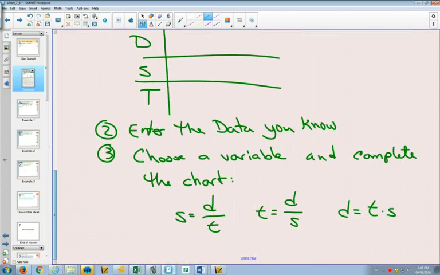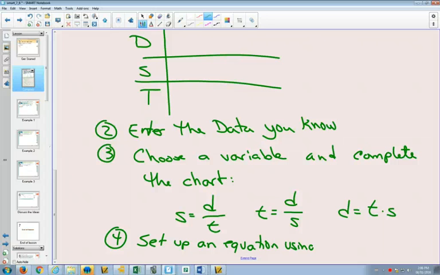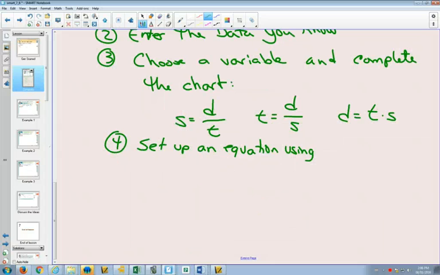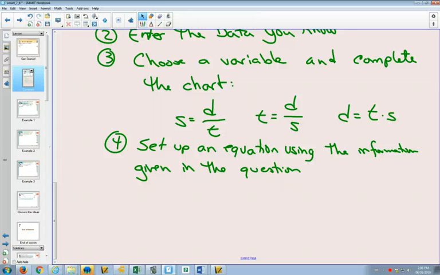Finally, once you've filled out the chart, you're going to set up an equation using the information given in the question. So we've set up our chart.